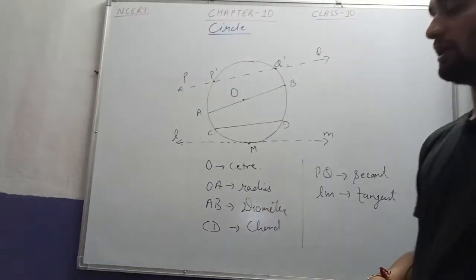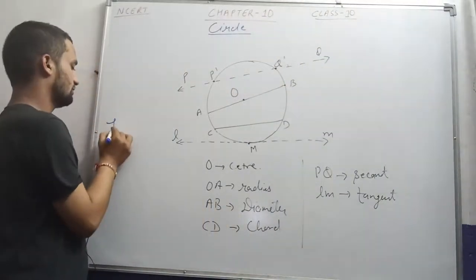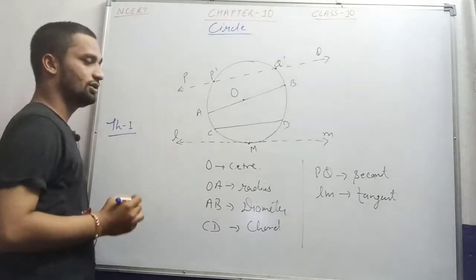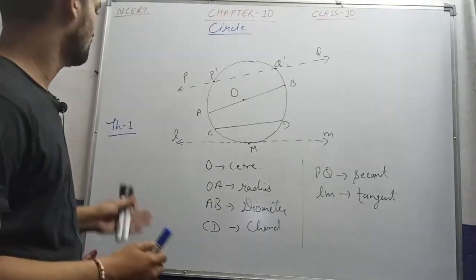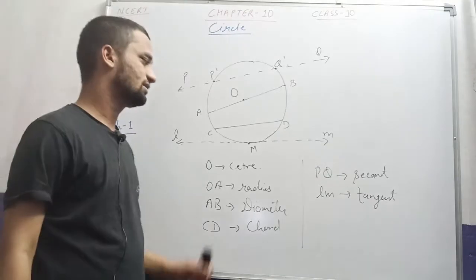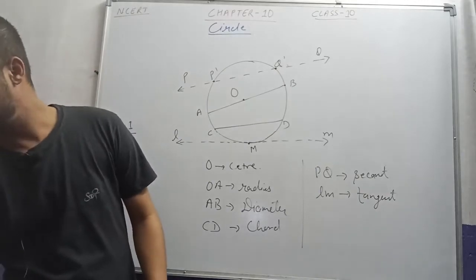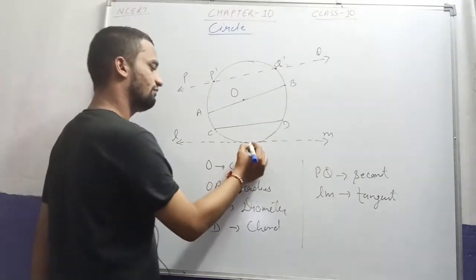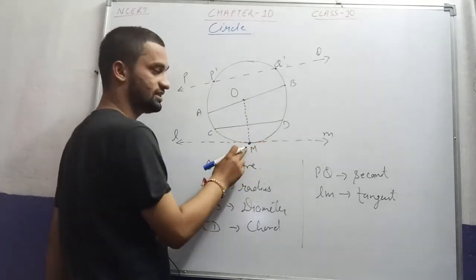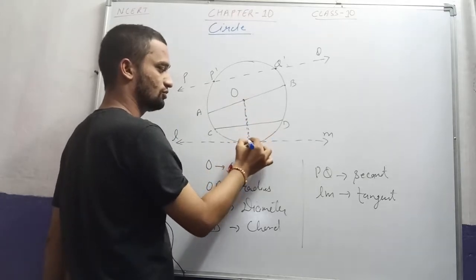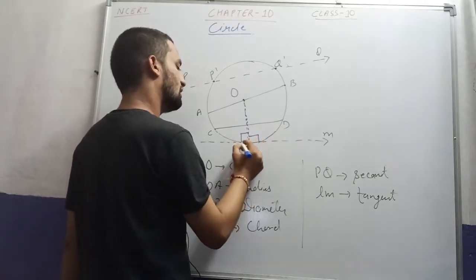One more thing: there are two theorems in this chapter. For the first, we don't need to prove the theorem, only the statement. Listen carefully. Theorem first says that if a line segment touches the circle at 1 point, that must be a tangent. If we draw the radius through the point of contact M, that will be perpendicular to the tangent.